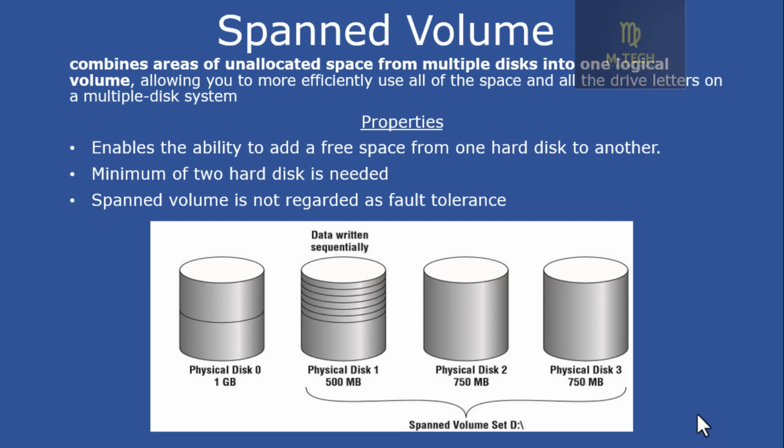So first of all, keep in mind that before you can create a span volume or any of the dynamic volumes, your hard drive must be a dynamic disk. That means you have already converted it into a dynamic disk.